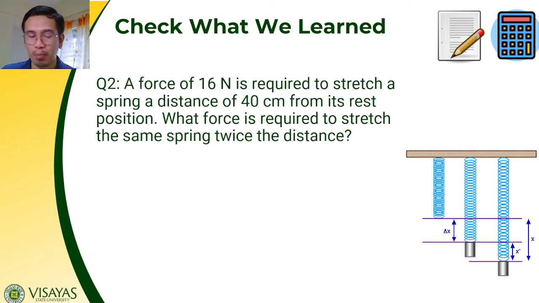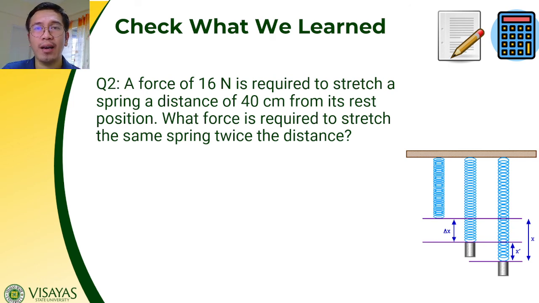First you have to write what are the given, then the required, then before you write your working solution, you may first write your working equation. For this one, your working equation is Hooke's law, which is force is equal to negative k times x.